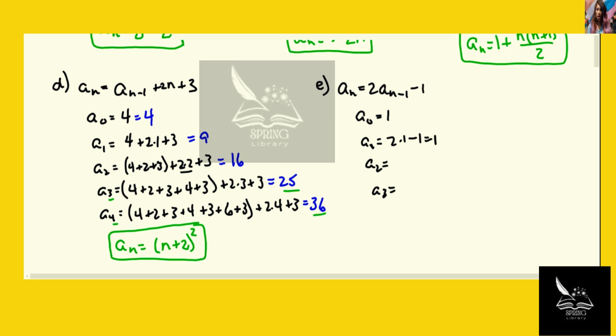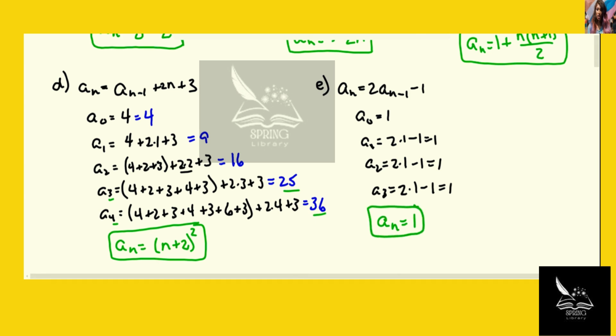Well, that equals 1. That's exactly where I just started. A sub 2, I'll take 2 times the prior one minus 1 equals 1. I'm not going anywhere. A sub 3, 2 times the prior one minus 1. This is not changing.